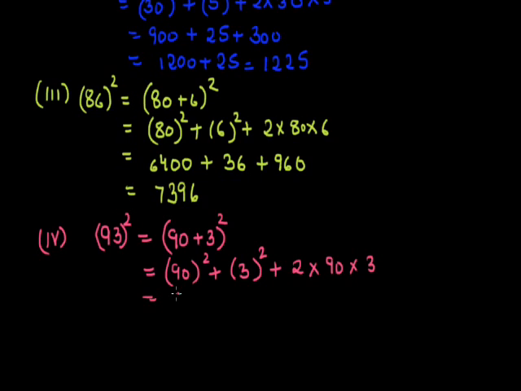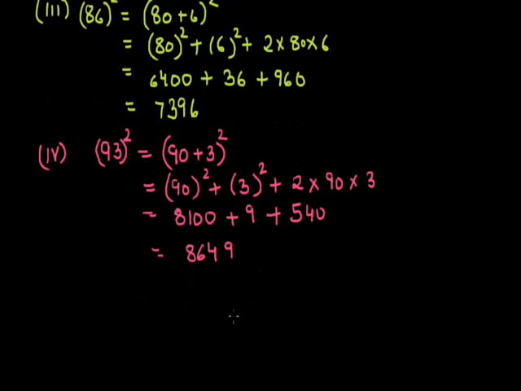I can write 90 square as 8100, plus 3 square, that is 9, and plus 2 into 3 into 90, that is 540. Now adding these, I will get 8649. So the square of 93 is 8649.